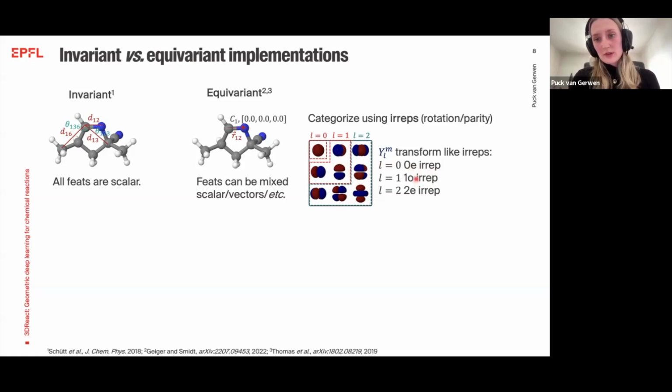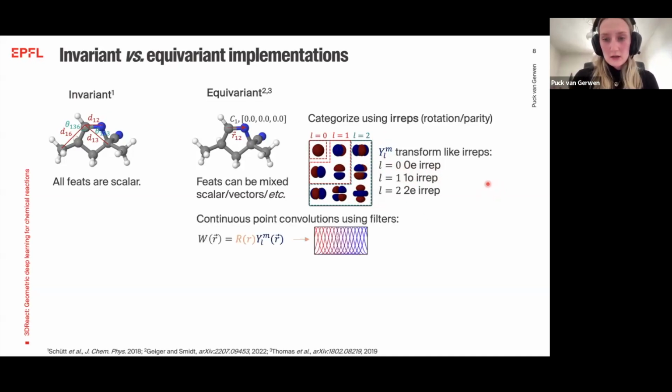This is what is labeled with this 1o. And the L equals 2 spherical harmonics, now they have 5 degrees of freedom, and they are again even under inversion. So together, these three types of functions are typically enough to encode all of the symmetry that we might want to describe, but you can actually also use higher order spherical harmonics if needed.